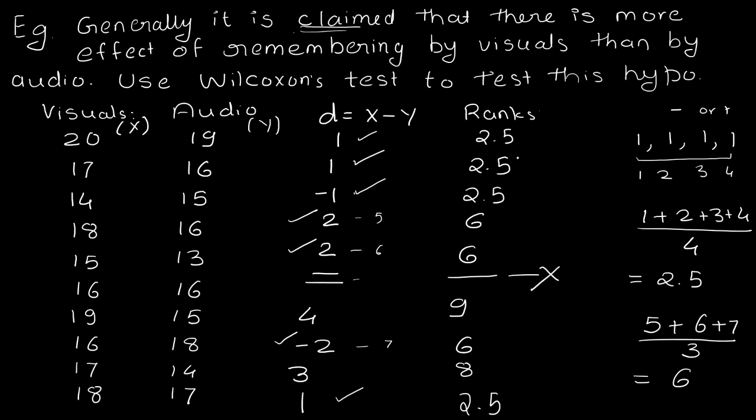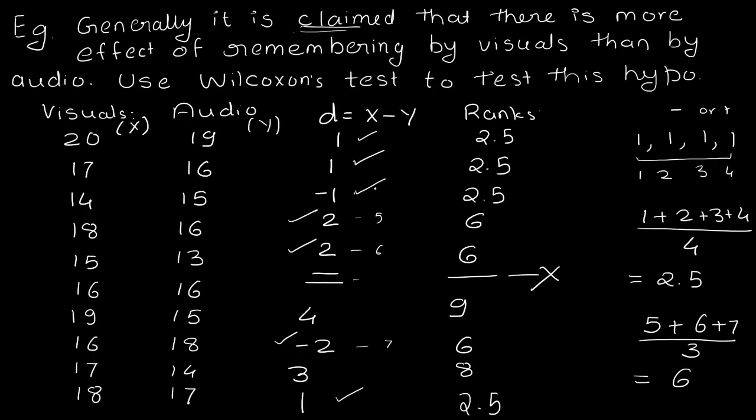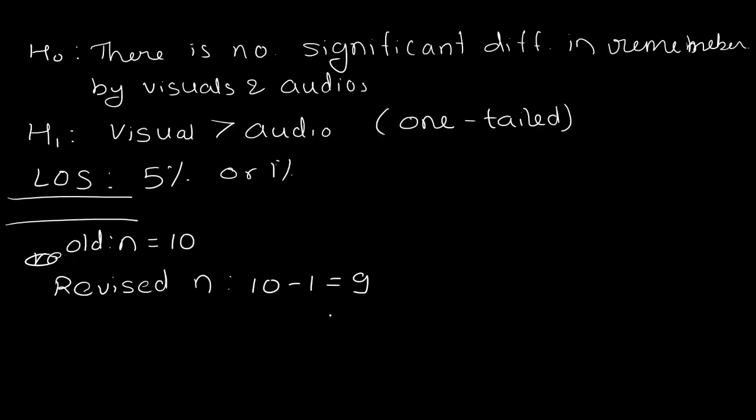Apart from this, I will use all the other ones. How many terms are there with the difference 0 or with an equal to sign? There is only one, so I will subtract that. So it will be 10 minus 1, that is only 9. So basically I'll be dealing with only 9 items here. That is the reason I have revised my n to 9. For simplicity I will write this as n dash. Many books write it as just revised n. So I will be using this n dash henceforth.